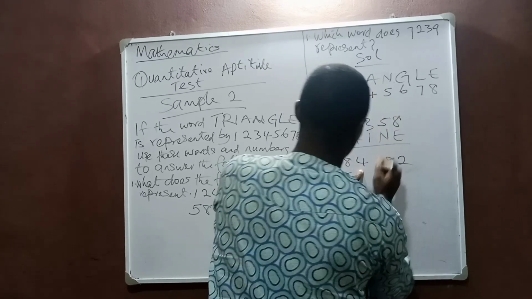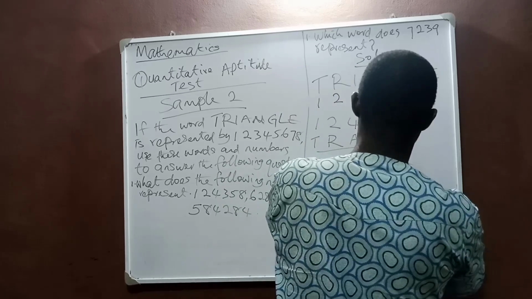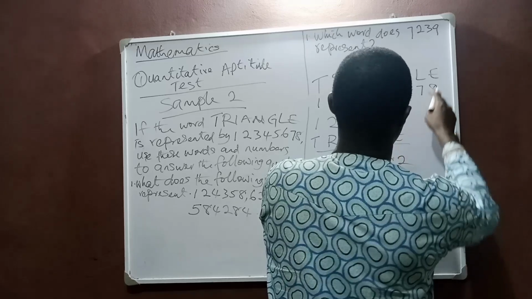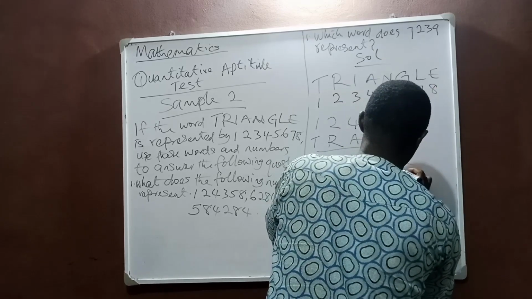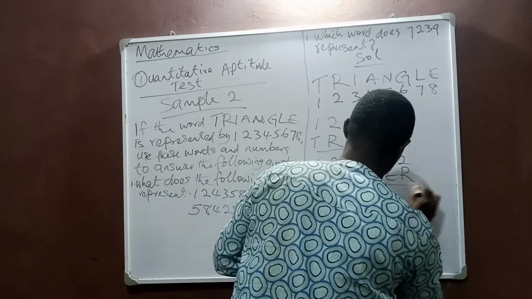Then 4 stands for A, write A here. Then 1 stands for T, write your T. 8 again, E. Then 2 is R, write R. So this is the answer to this second one.